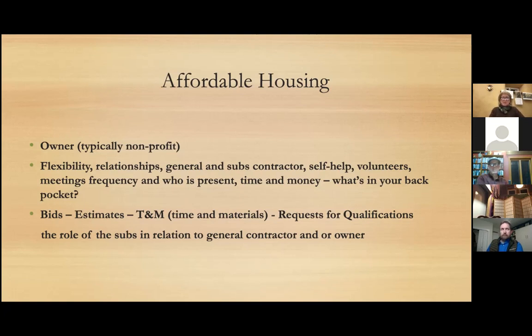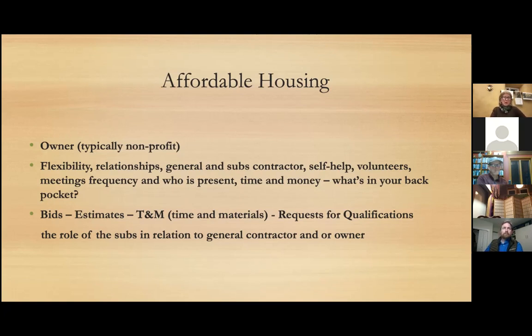I've got a pretty good sense of who the players are, and I think I know how we're going to get through this. And then some people say, no, I just really want requests for qualifications. For each sub or each task that I need, I just want requests for qualifications.